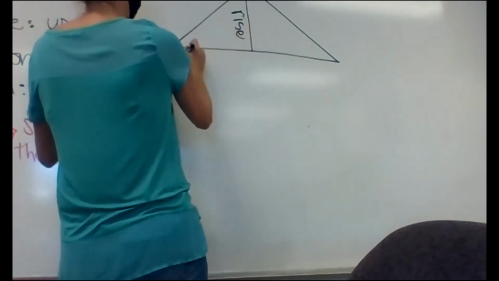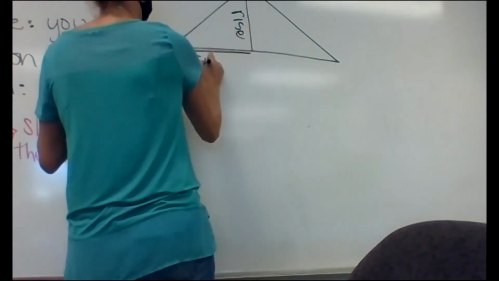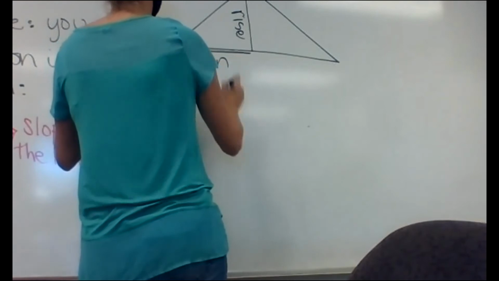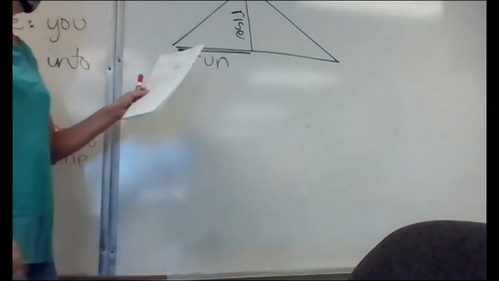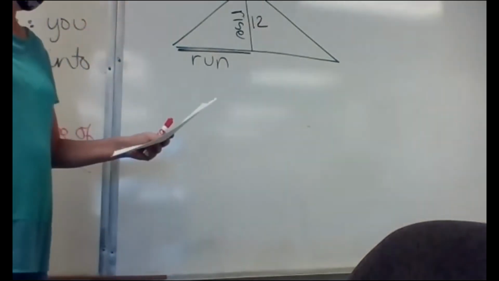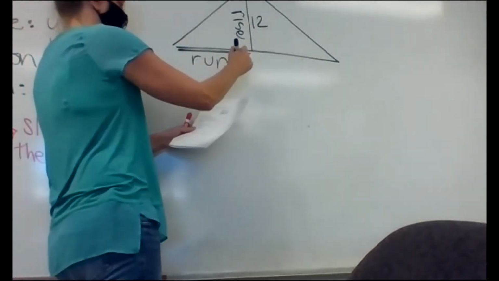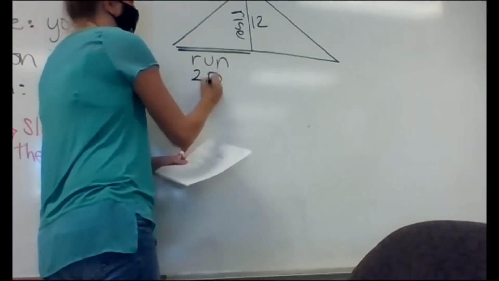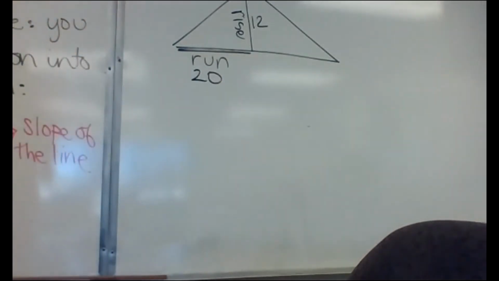So this is the rise, and this distance right here is the run. It tells me the rise, this right here, is 12 feet. Tells me the run, which is this distance right here, is 20 feet. It tells you that in the picture. And it says the pitch. The pitch is the slope of the roof.